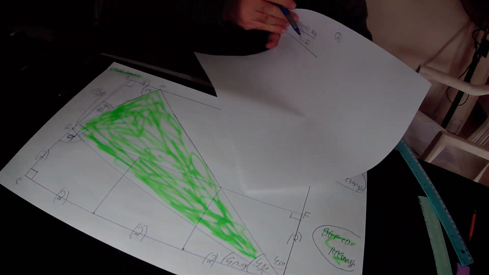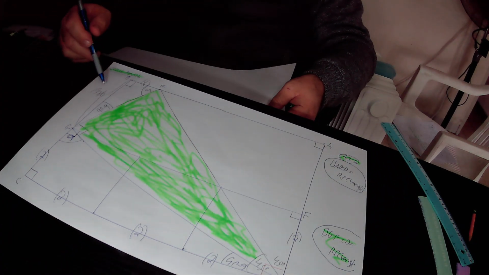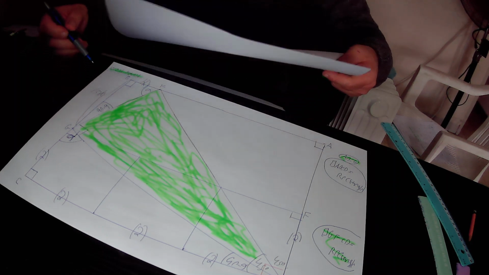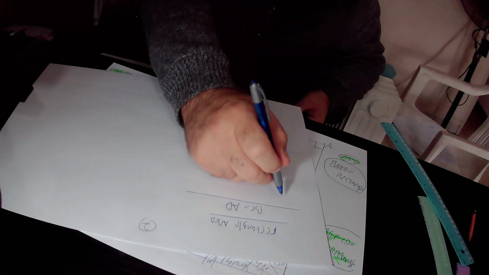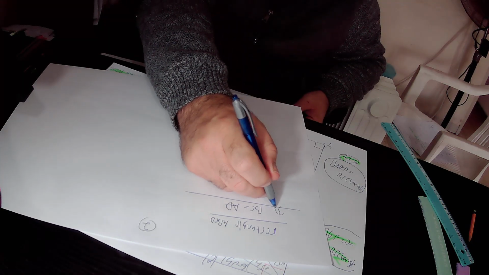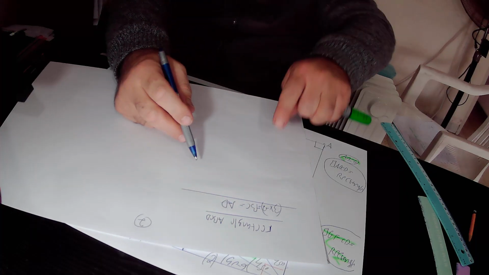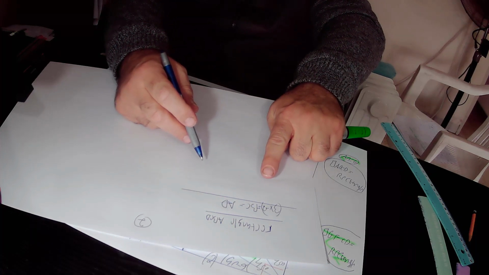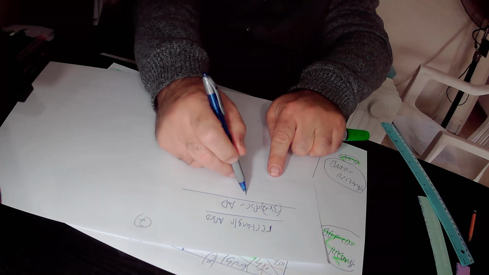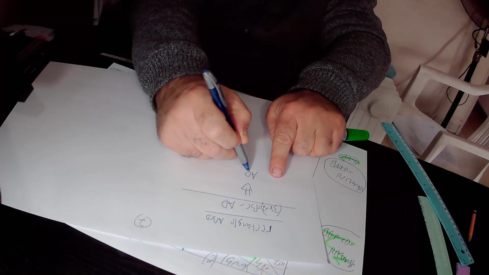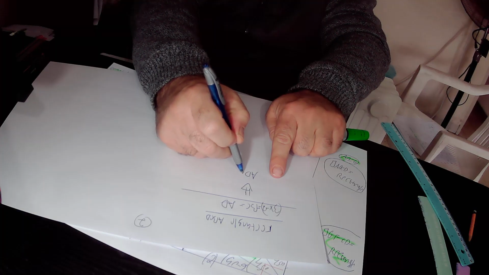But we already found out that BC in total equals 3x plus 2. And from this equation, 3x plus 2 equals BC equals AD. We derive that AD must also be equal to 3x plus 2 units in length.